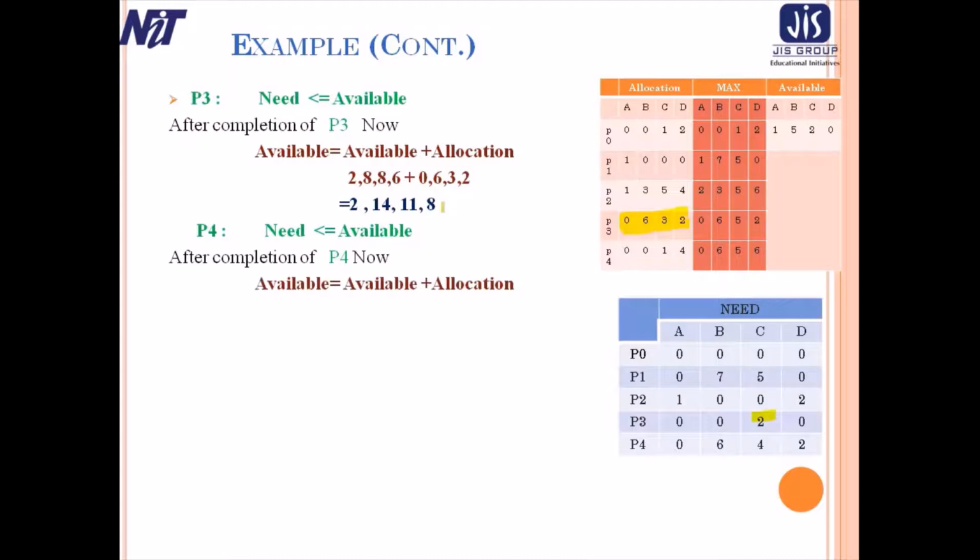So after completion of P4, our available equals available plus allocation. That is 2 14 11 8 plus 0014. 0014 is the value which P4 held initially. When the system provided these resources to P4, it will release them, so they come back to the system again.